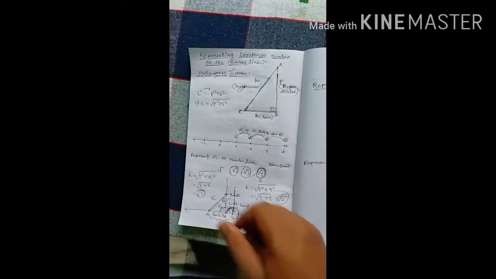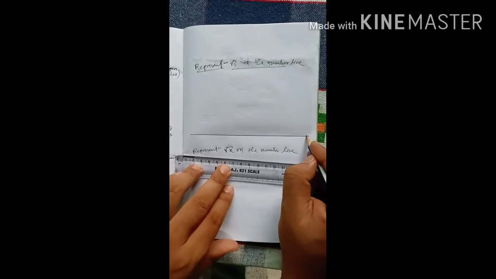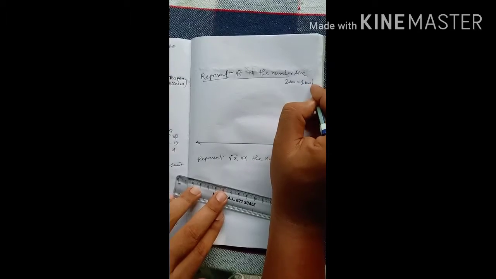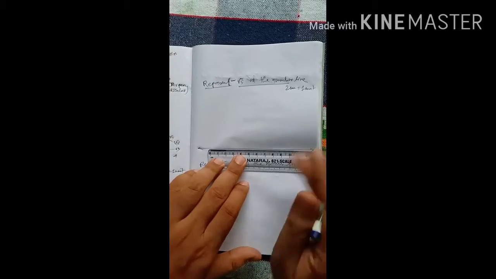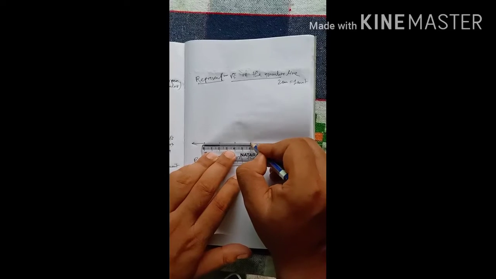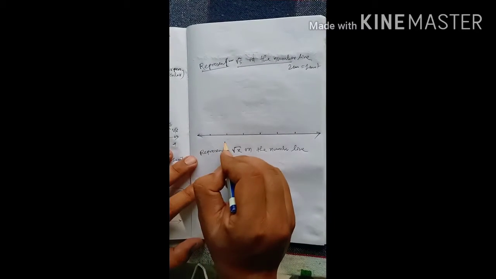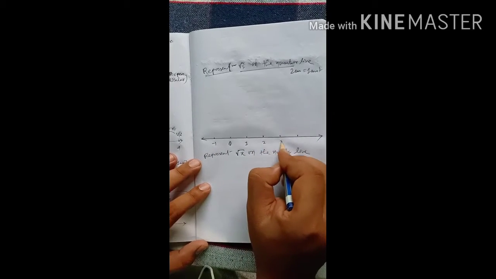Let's see. At first, I will trace a line here. Again, I am choosing a suitable scale, that is 2 centimeter is equal to 1 unit. Look at here. So students, here it is 0, -1, 1, 2, 3 or 4.